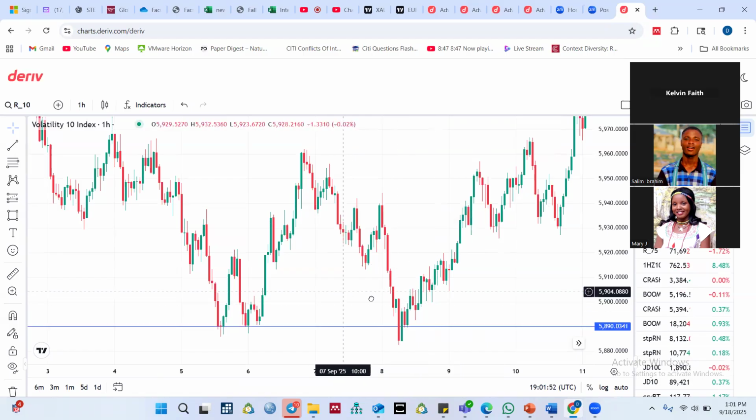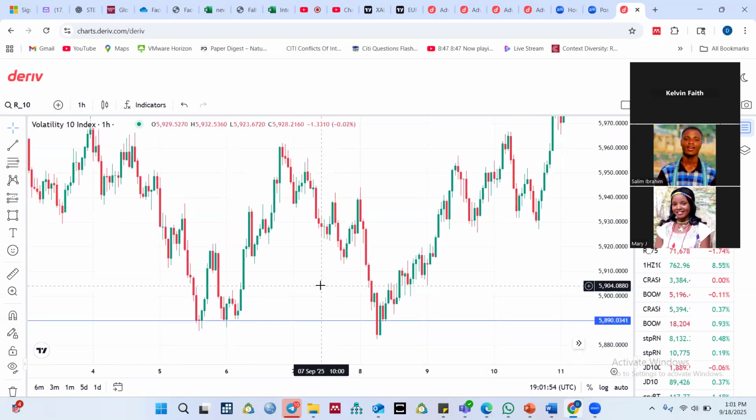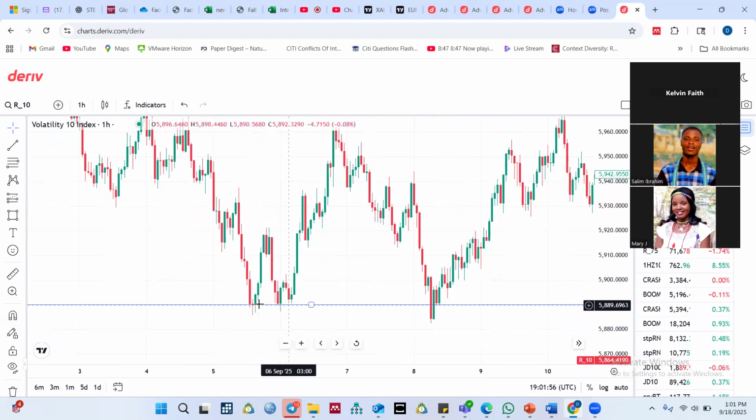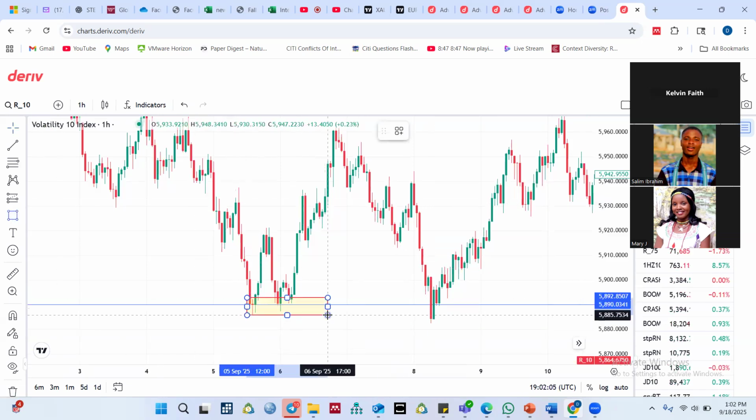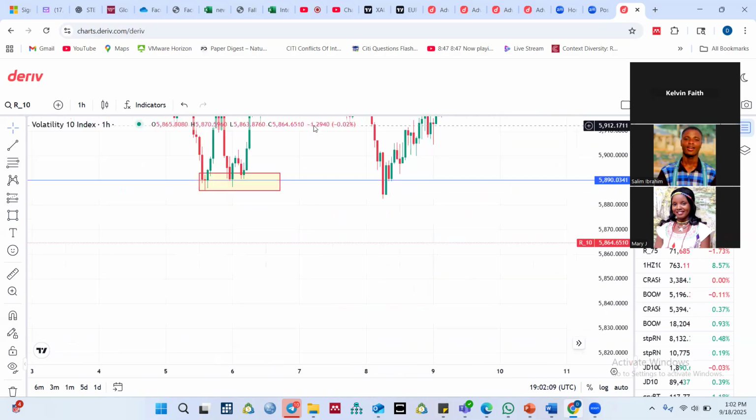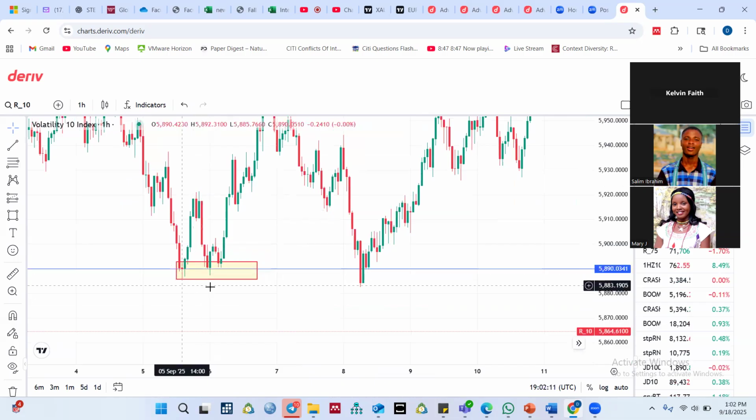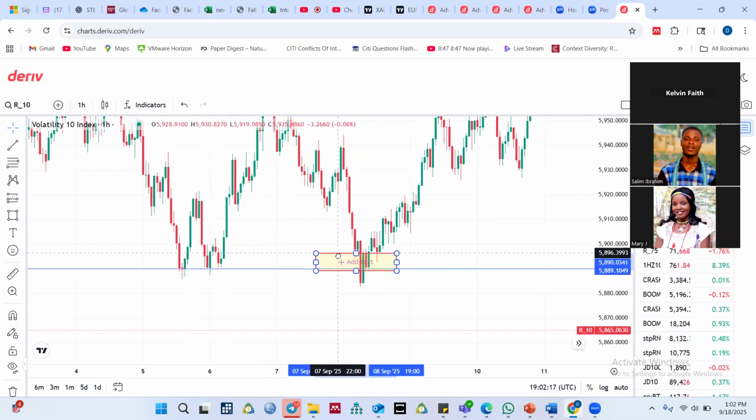So this is a 1 hour chart. We have a low here, and price has dropped to that low. We're having this area. I think this was the last point to the low side on this chart before price came down here, right?